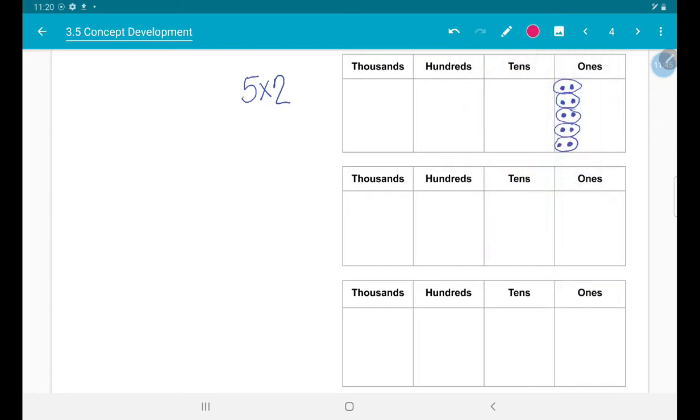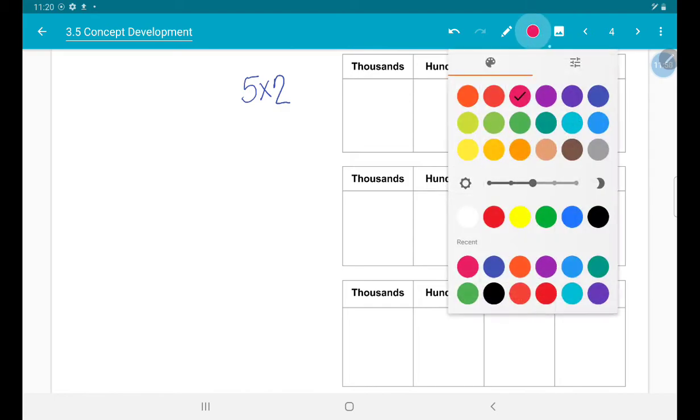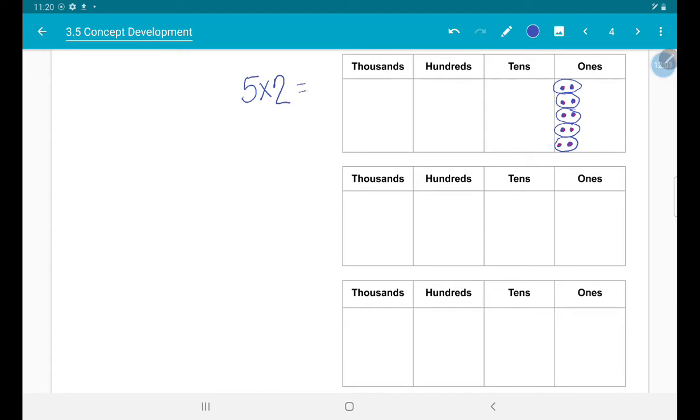If I count those, I've got 1, 2, 3, 4, 5, 6, 7, 8, 9, 10. Of course, we know 5 times 2 equals 10.